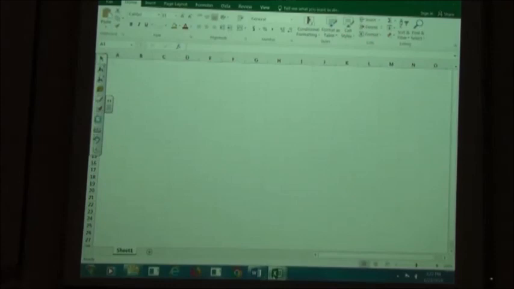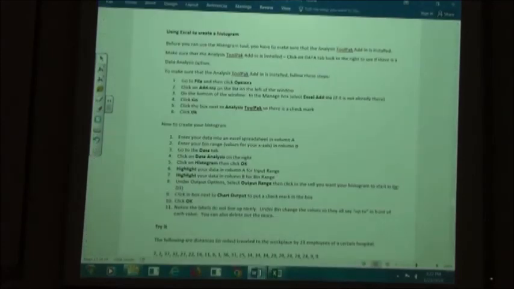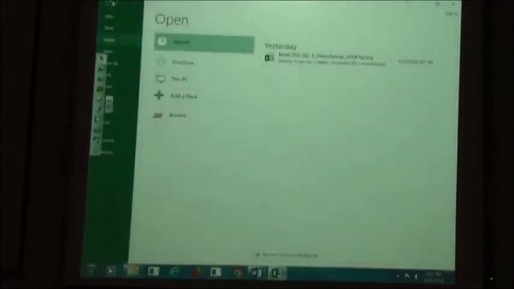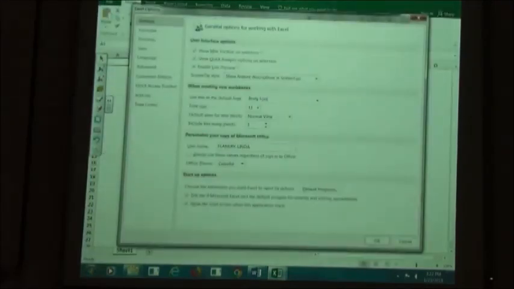So in order to install that, I would have to go to File, go to Options, look for Add-ins. I'm going to do that while I can remember that much. So up here, File, was it Options? And then Add-ins. Add-ins is down here.